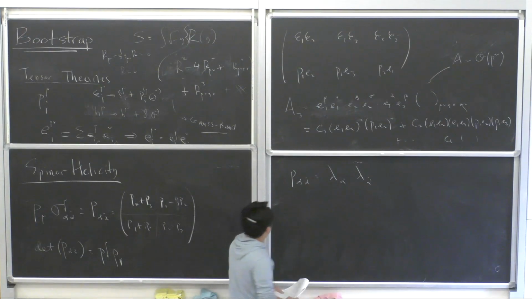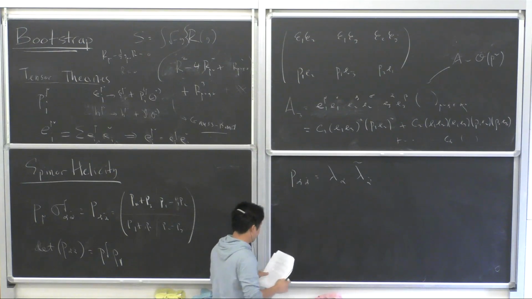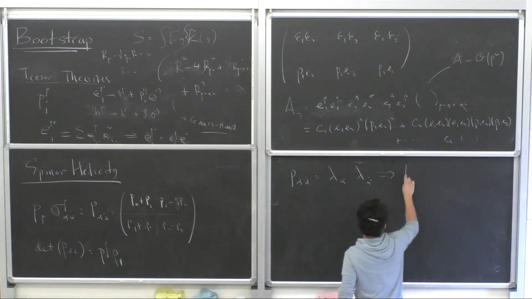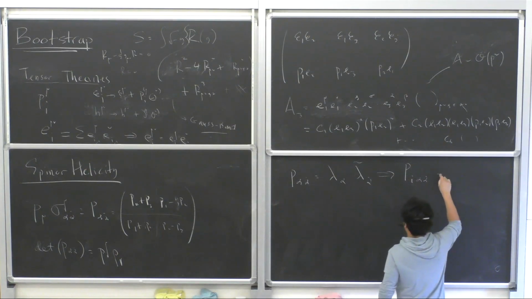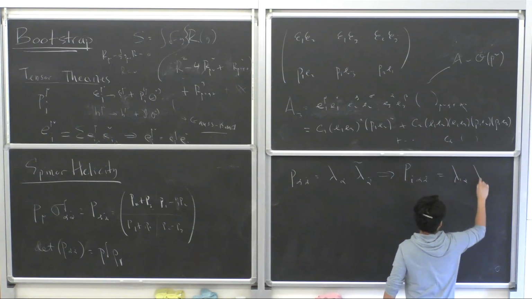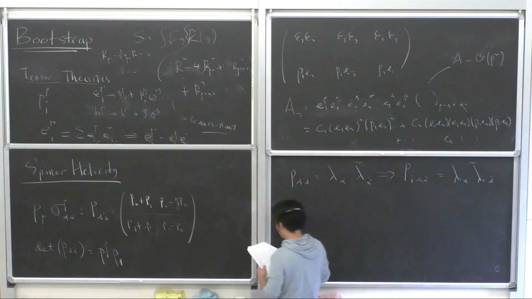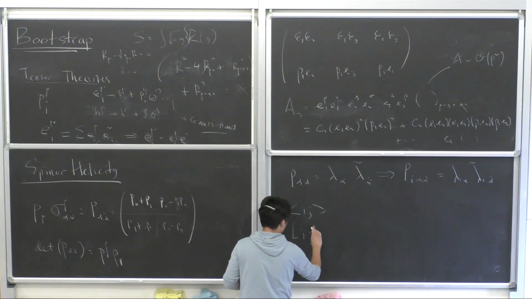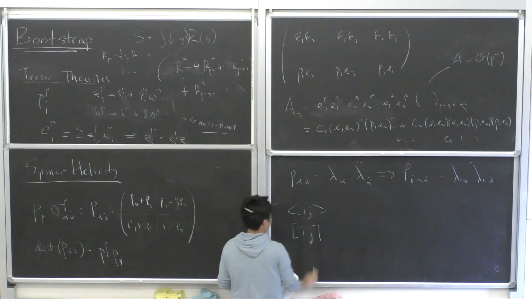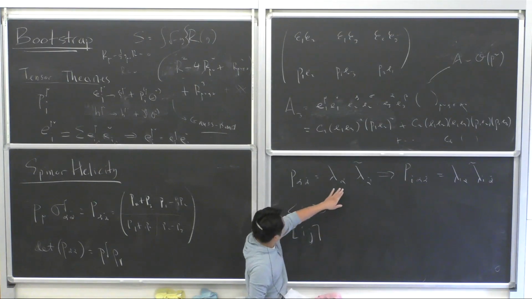So leg i has P i alpha alpha dot equals lambda i alpha lambda tilde i alpha dot. My inner products are defined in the following way. These are the angle ij and square ij I read before, which are just the invariant products built out of these.